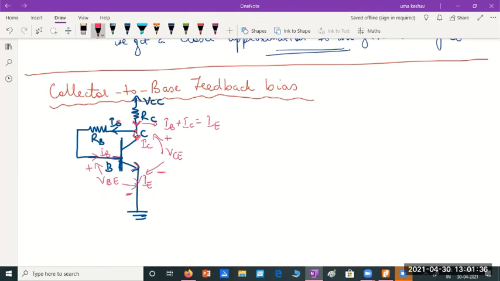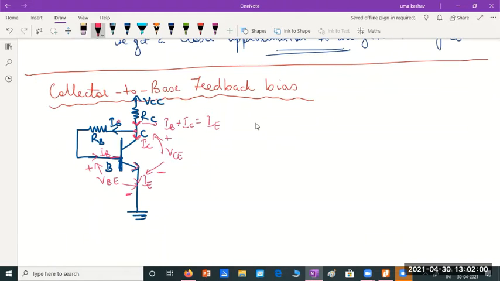So part of the output current is splitting up to come back to the input side. Whenever you bring a portion of the output back to the input, it is called feedback. That's why this also gets the name feedback bias circuit. And since that feedback resistor is connected from collector to base, it's called collector to base feedback bias.